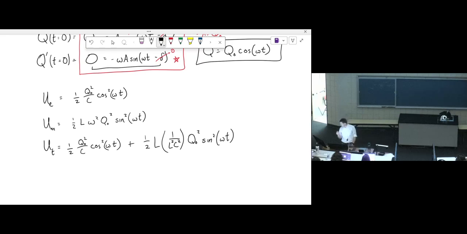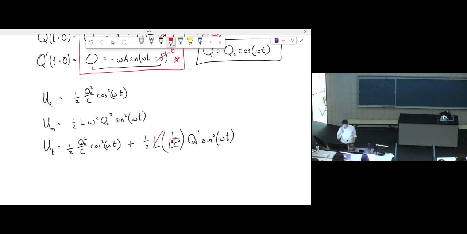Am I missing something here? I don't think so. Let's see. That cancels that. But why do I have an extra factor of C?